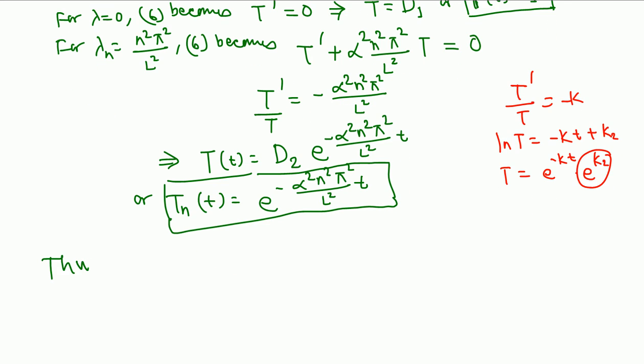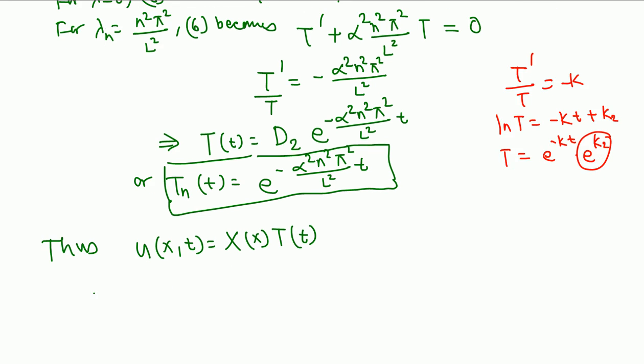Thus u of x, t, at the very beginning we assumed in equation 3, now equation 4, u was X times T. Thus that becomes, we have two cases by the way: u when lambda is 0, we got that part, and when lambda is n squared pi squared over l squared. When lambda is 0, let's say u0, X was just 1, because we just said constant function 1.